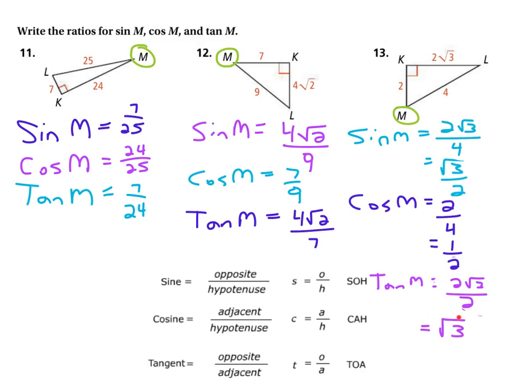You can have what we have here as root 3. That's what the ratio is equal to. Like if you divided the numbers, that's what it would be equal to. So that's perfectly fine written the way that it is. Okay. So for this last one, number 13, because they're all multiples of 2, they're all even numbers in the front, then you can simplify them all down, and you should always simplify them.